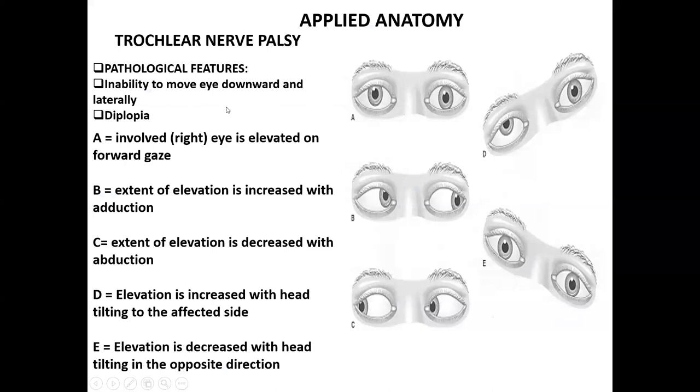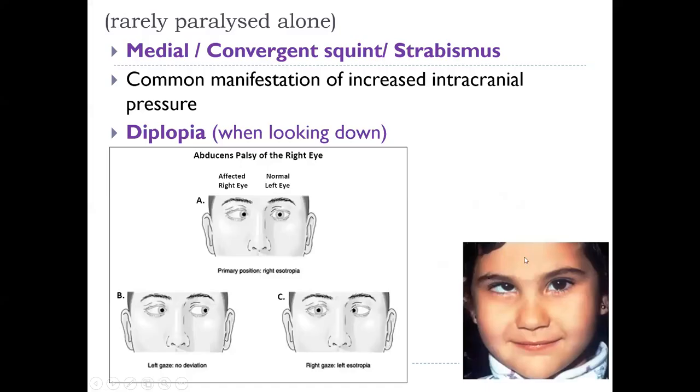So the applied aspect of trochlear nerve palsy will show inability of the eyeball to move downward and laterally, causing also double vision, diplopia, and several other associated signs. Now, very important to understand are the conjugate eye movements also. If the trochlear nerve is affected singularly, you will have a medial squint or a convergent squint.